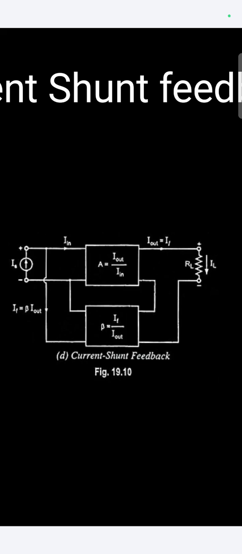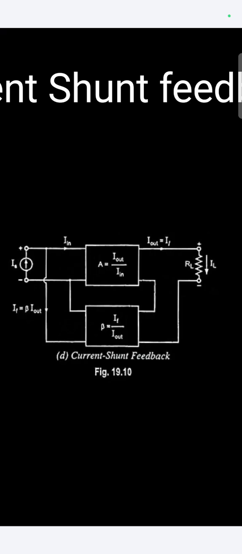The current gain A is the ratio of output current to input current. Here also see the sampling part. We take the samples through a series connection to the feedback factor. That's why the name is current sampling.